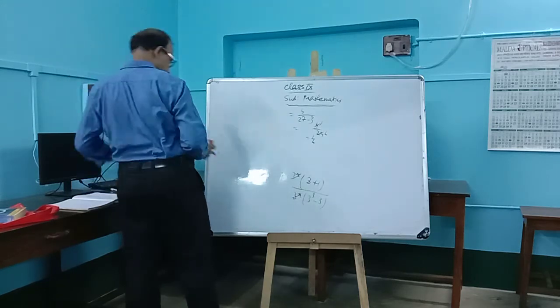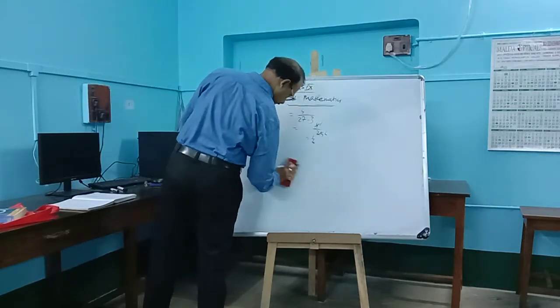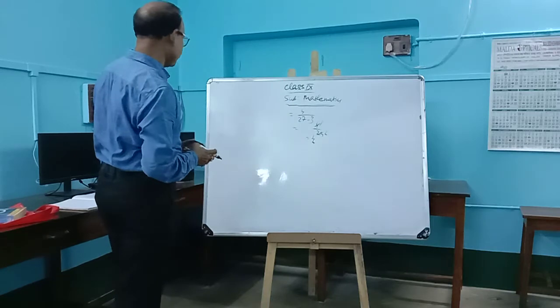Now question number 7. A little critical type of sum I am going to solve.